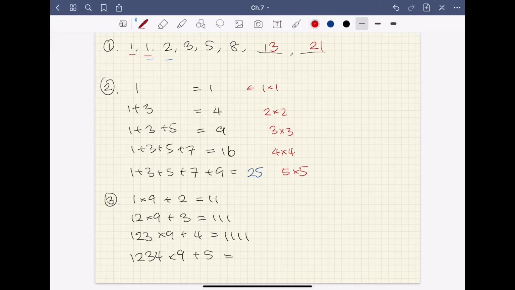From the pattern here, we can see that the first term is 11, that is 2 ones. The next one is 3 ones, and the one after is 4 ones. If you're adding 2, it gives you 2 ones.